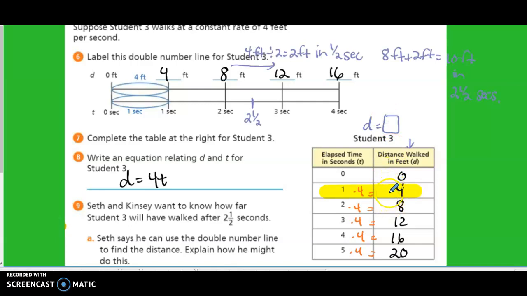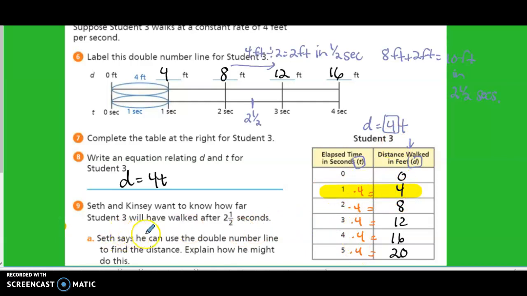It can be a whole number, a fraction, or a decimal. I find it where this is 1, and I'm going to put 4 here and multiply it by these values. This column's variable is D. So you always start with this variable, and you find these answers. That's why the equal sign comes in, by multiplying these numbers by the unit rate. That's where you find the coefficient.